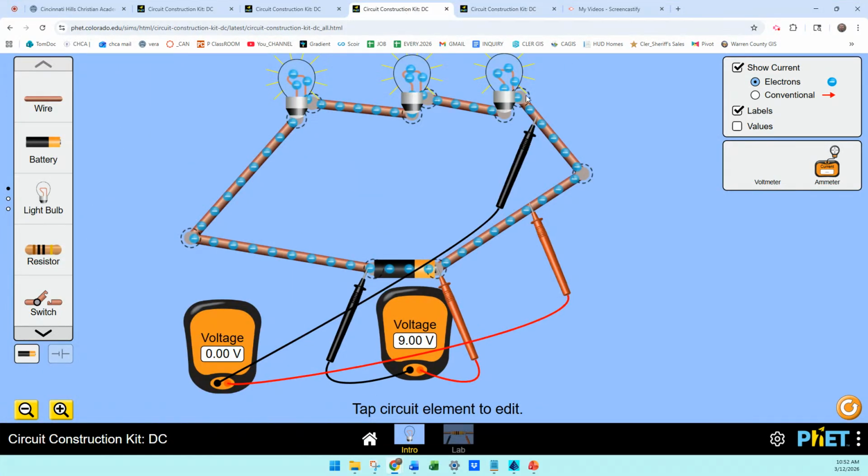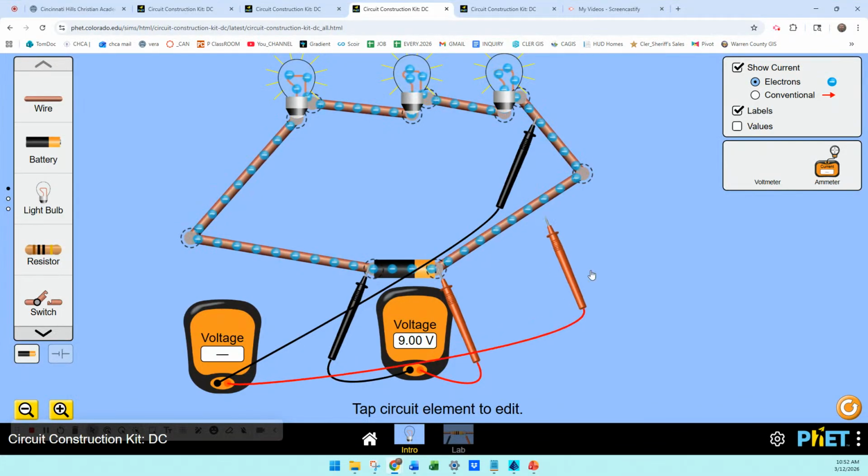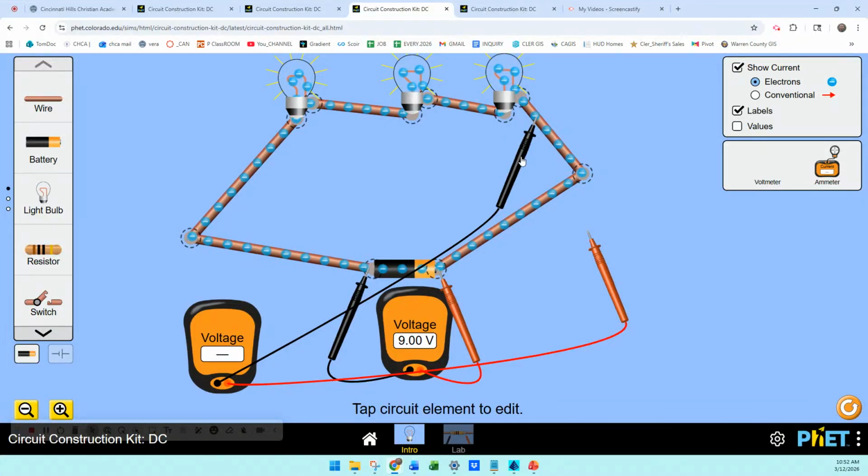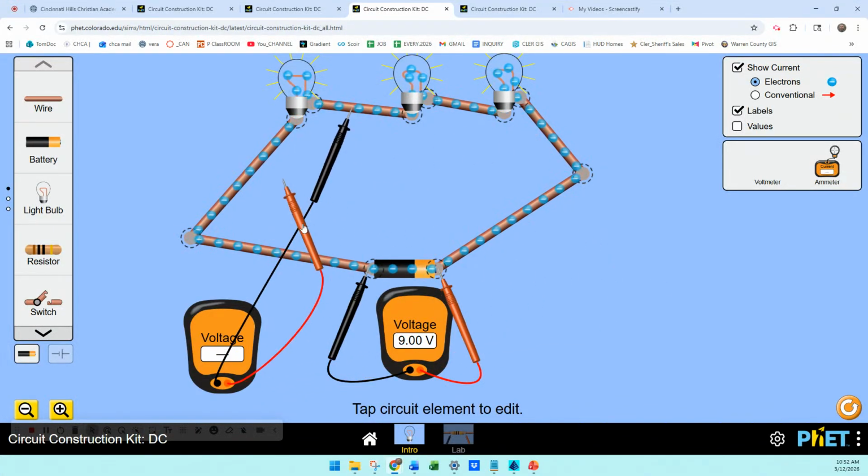And we can move on. If we have a circuit here with more lights, once again we have a battery providing 9 volts. And we notice that the black is always with the electrons coming out. If we were to go over here and measure the voltage across this light, now we only have -3. That's because the loop rule says whatever starts here has to all get subtracted away.